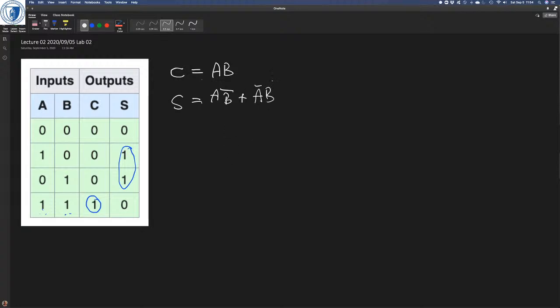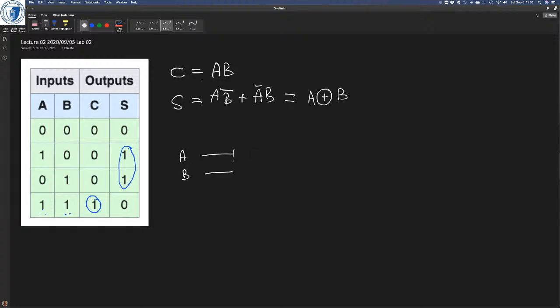And if you remember before, we had something similar. So that is really just A exclusive OR B. Right, so the circuit we want is something like this.